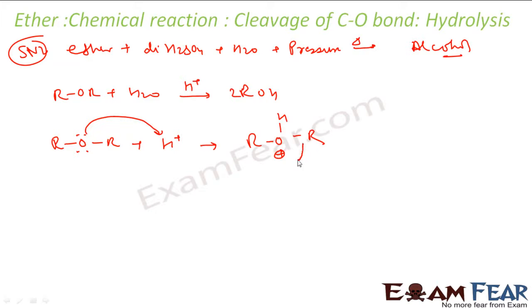So R will leave in this fashion with a positive charge, this bond will break. This gets negative, this gets positive, positive and negative neutralize on oxygen, and R gets positive charge. So this is ROH plus R plus. So R plus will get OH minus from water, it will react and form 2 ROH. Pretty easy reaction.